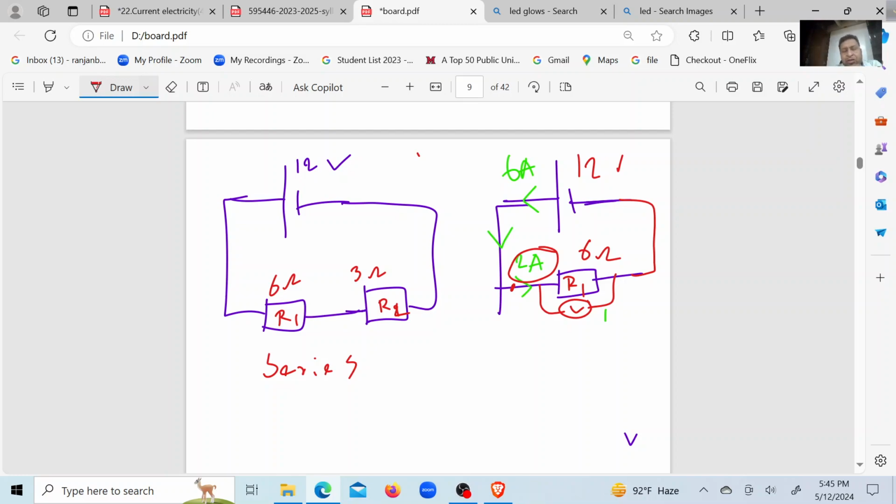Now you may ask a question: where is the other 4 ampere? Actually, I told you for a battery or cell, current is not a constant factor, right? Depending on the demand of the circuit, it can increase or decrease the current, but the voltage is the same. Previously, the lower resistor was demanding a current of 4 ampere and the upper one was demanding 2.